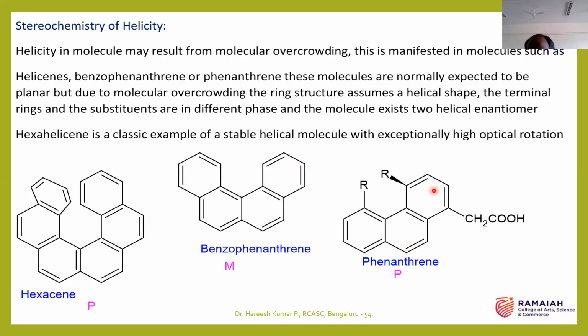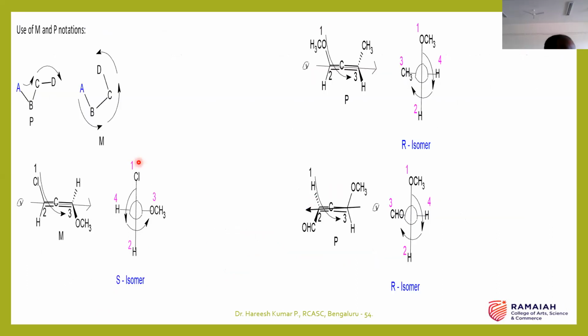I will take a few more examples to assign M and P to the molecules. I will explain how you can decide whether the compound is M or P just by comparison with the R and S configuration. So look here.